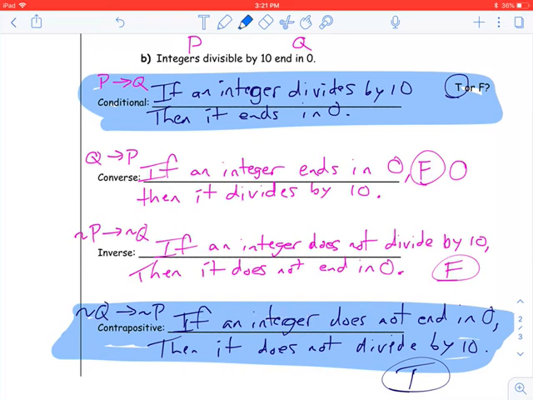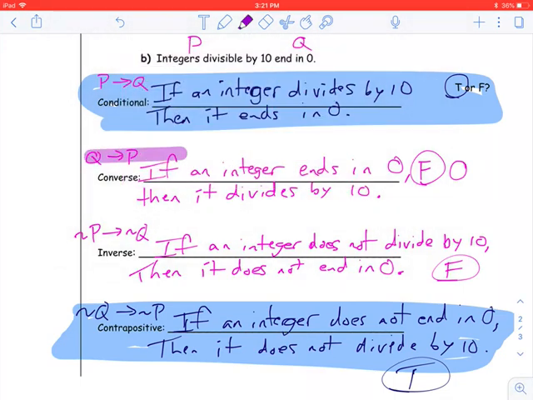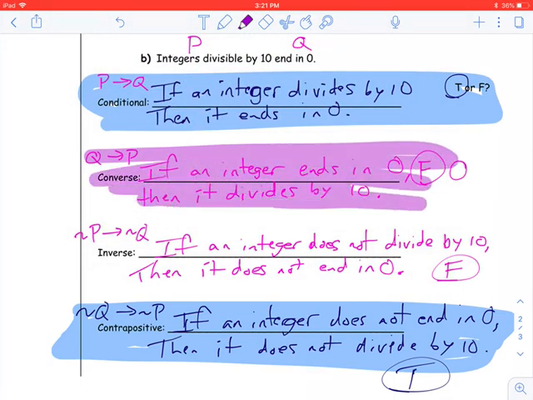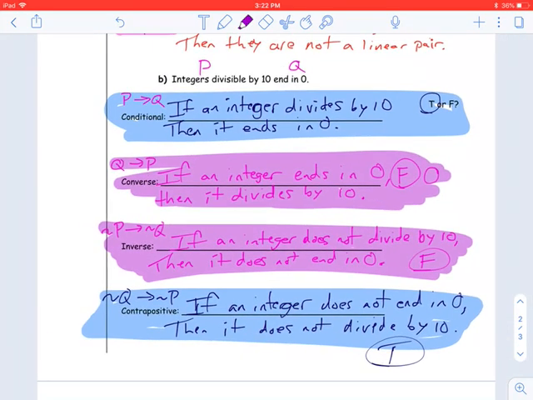Okay? They go hand in hand. If it's false, then the contrapositive is going to be false. Same thing for this. If you have a converse that's false, then the inverse is also going to be false. Okay? So keep that in mind. The first and the last go together, and the middle two go together. Okay? So we'll have to get more practice with this, but for now, go ahead and practice that, and this one's done. Peace.